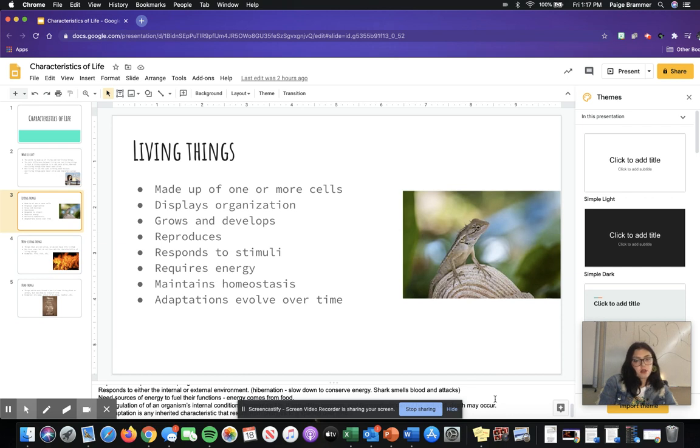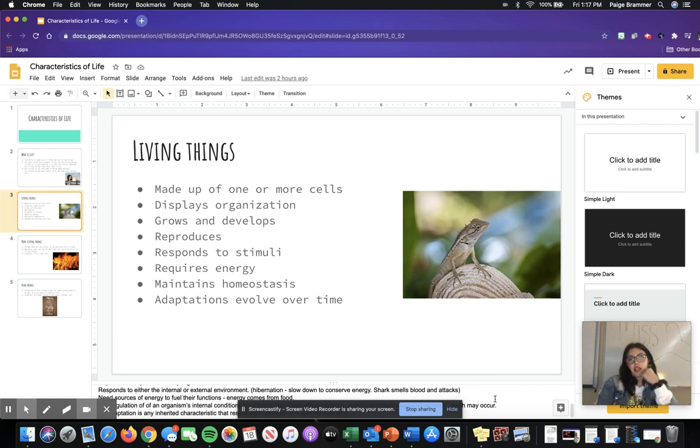Living things also require energy. So food is their source of energy. They have to have energy to fuel their functions. Once again, the way that they acquire that energy may be different. For example, if I need some energy, I'm going to swing through Chick-fil-A and get a number one, or Taco Bell, whatever your favorite food is, you can go and get your food that way.